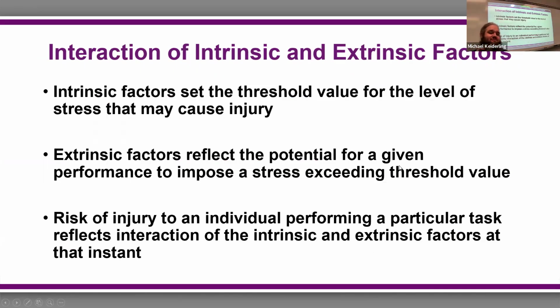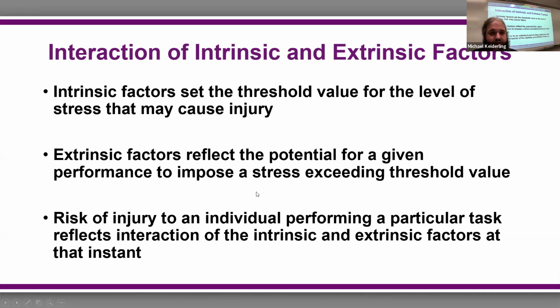So basically, intrinsic factors set the threshold value for the level of stress that can cause injury, while extrinsic factors reflect the potential for a given performance to impose a stress exceeding those values. So the risk of injury to an individual performing a particular task reflects an interaction of the intrinsic and extrinsic factors at that instant.